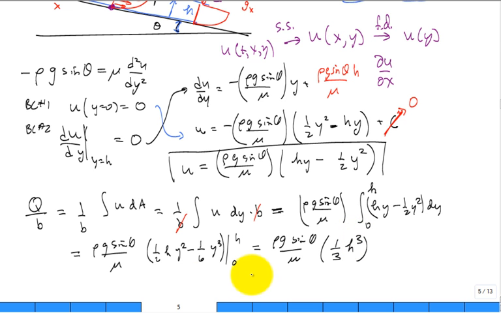So that's Q over B equals 1/3 rho g sine theta h cubed divided by mu.